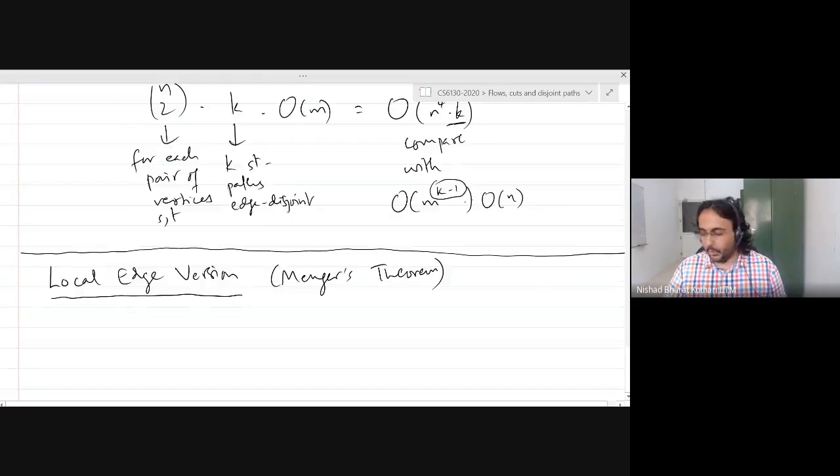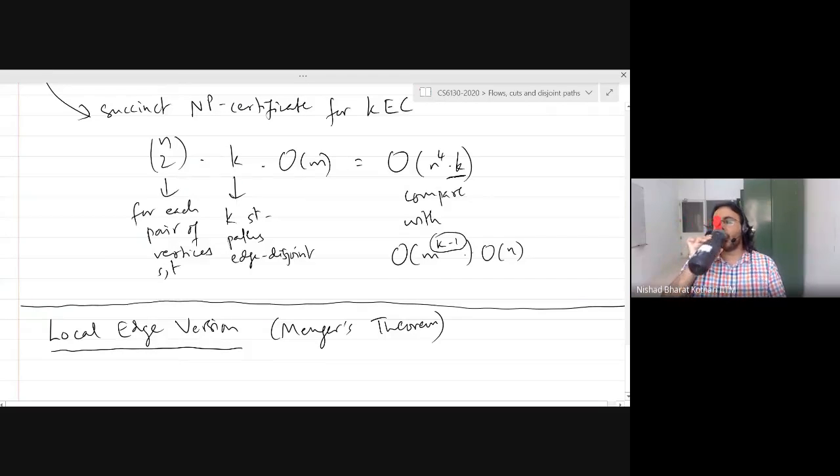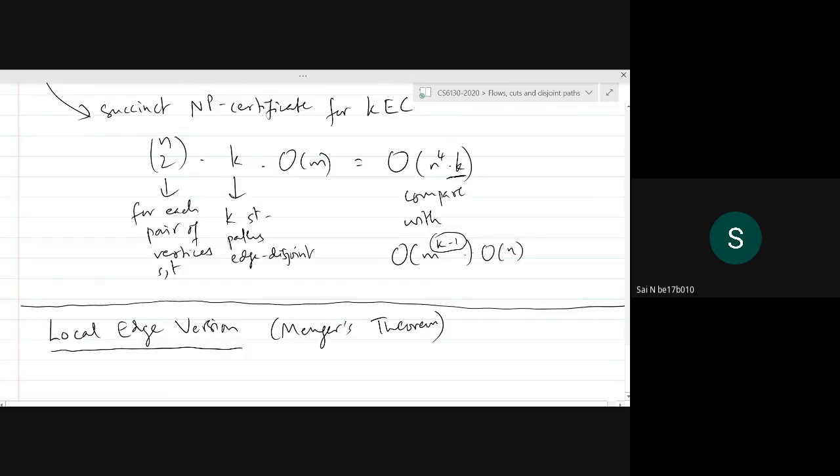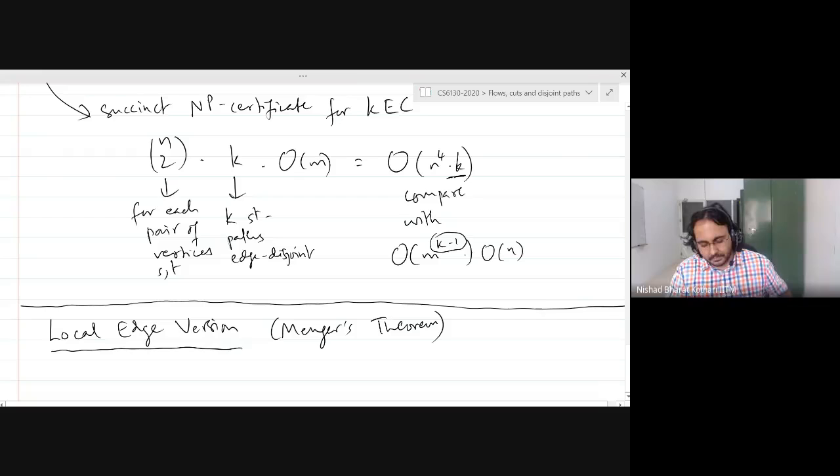Are there any questions at this point? Sir, just confirming. So you will be providing the NP certificate in this case is k edges. So this is what I'm looking at, how big the certificate is.